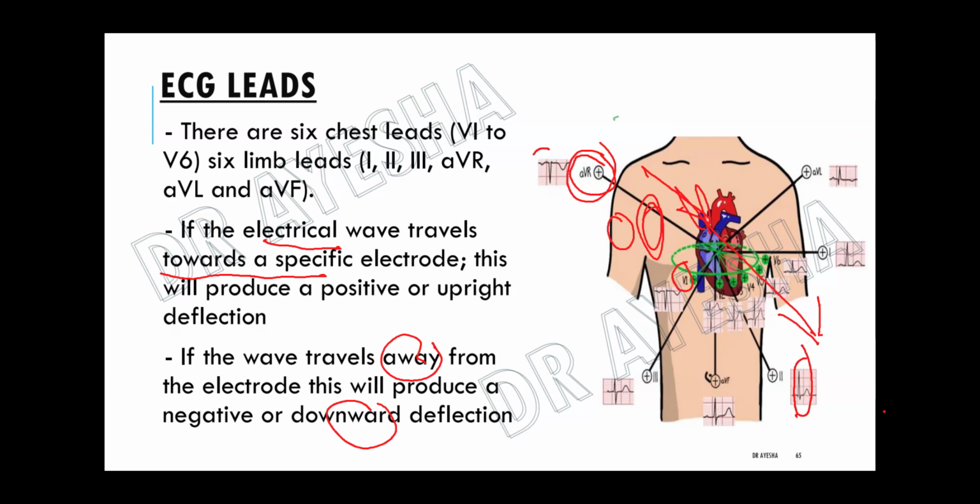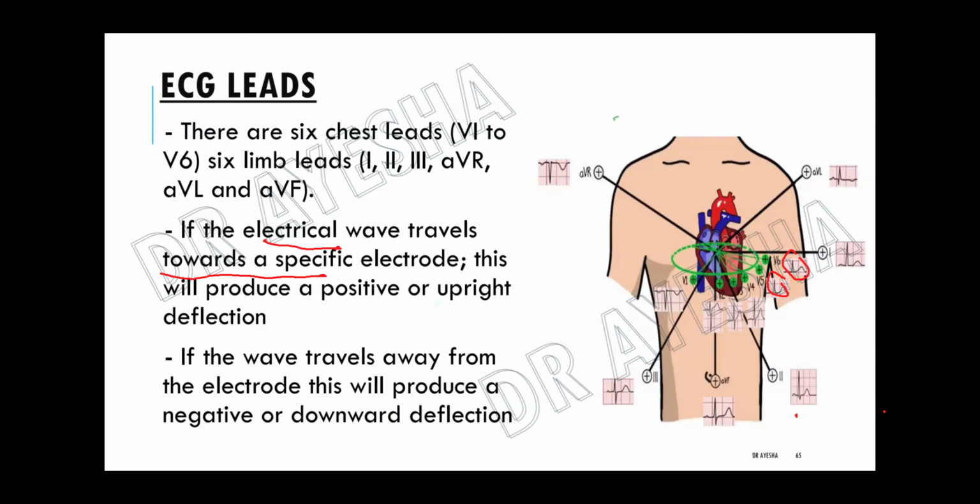That is why they are giving negative deflections. While other leads, for example V6, will give you a total positive deflection. V5 will give you a total positive deflection because the electricity is completely towards these leads. Is that so clear?